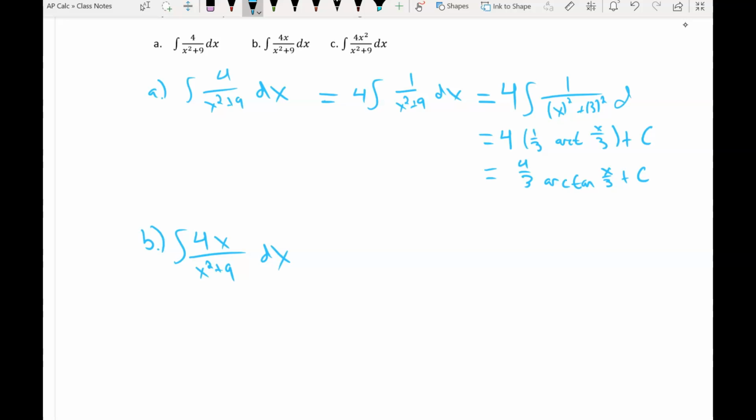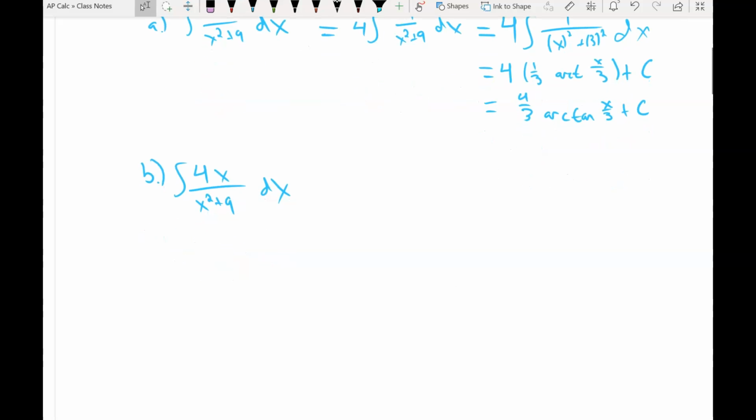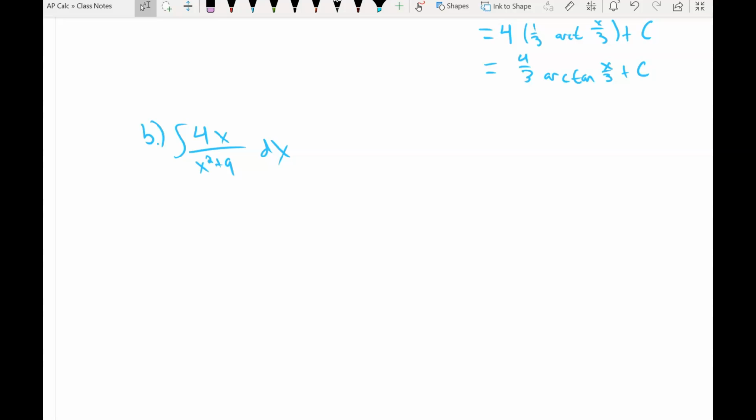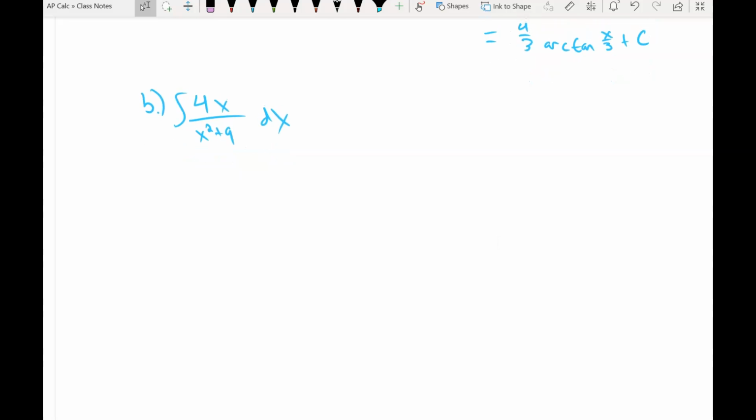But it's not quite exactly the derivative of our denominator. It's very close to being u prime over u. It is in that form, but we can rewrite this. If it was u prime over u, this numerator should be 2x. It is 4x, so what we can do is pull out that 2.